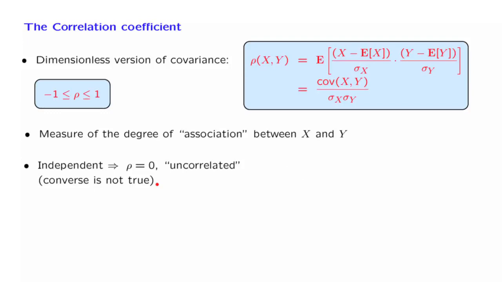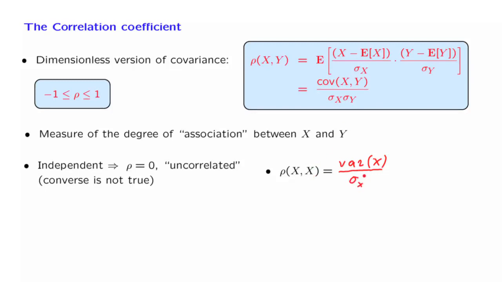Let us now look at the other extreme, where the two random variables are as dependent as they can be. So let's look at the correlation coefficient of one random variable with itself. What is it going to be? Well, the covariance of a random variable with itself is just the variance of that random variable. Now sigma x is going to be the same as sigma y because we're taking y to be the same as x.